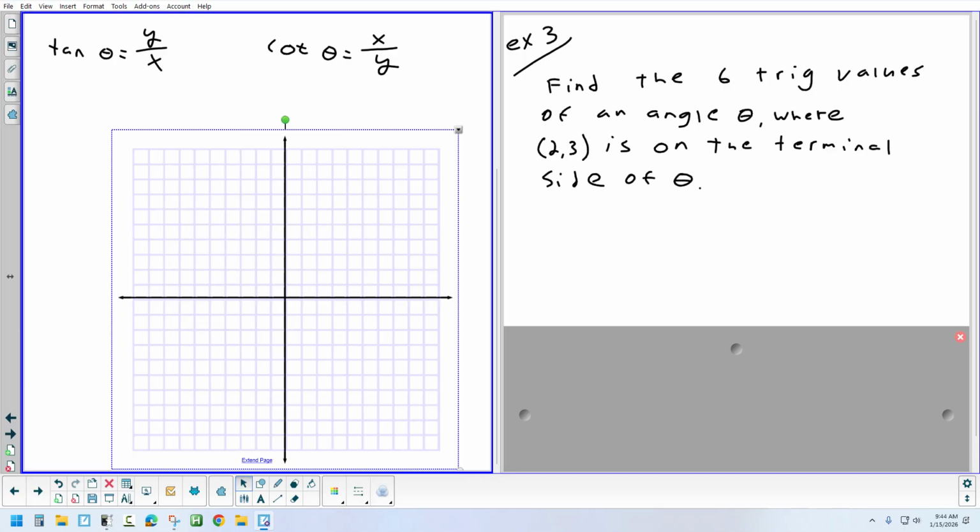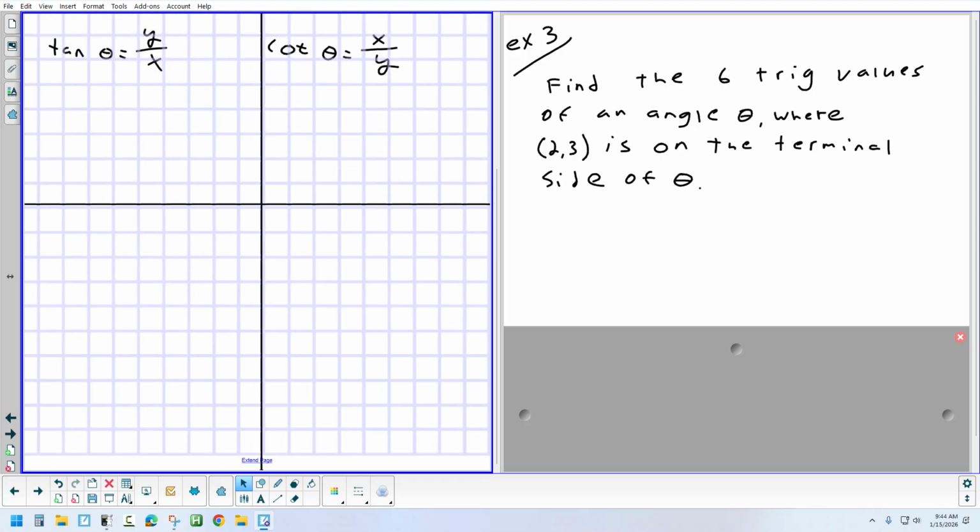So if we look at what we're doing, let's make our grid. We've got a circle where that's on the edge of the circle. 2 units right, 3 units up. (2, 3). Imagine you put a circle through that point. Does that circle that I just drew have a radius of 1?